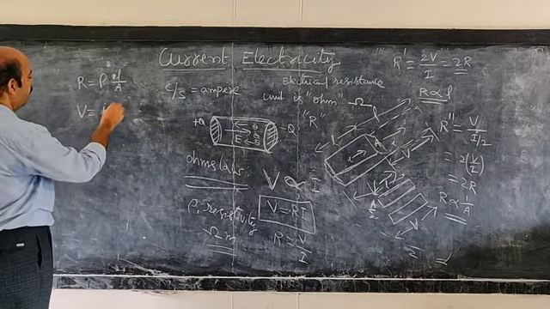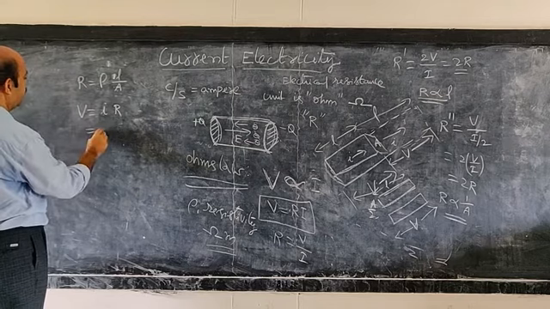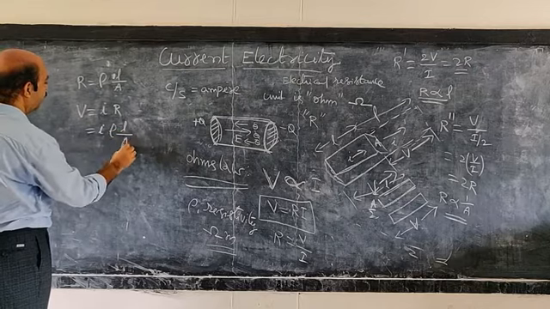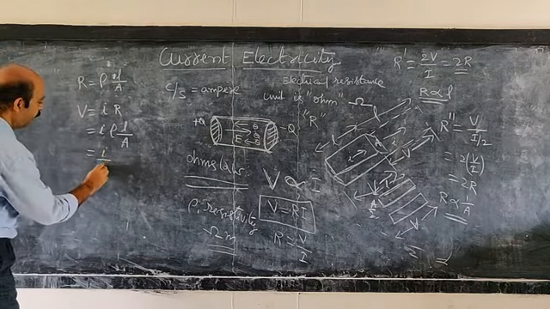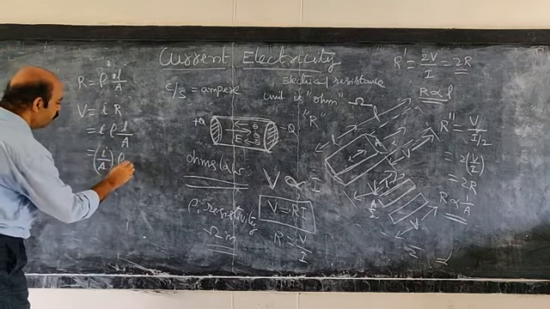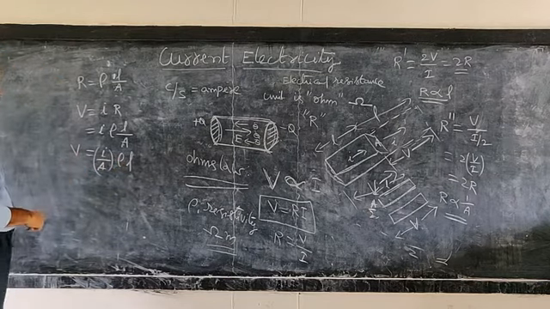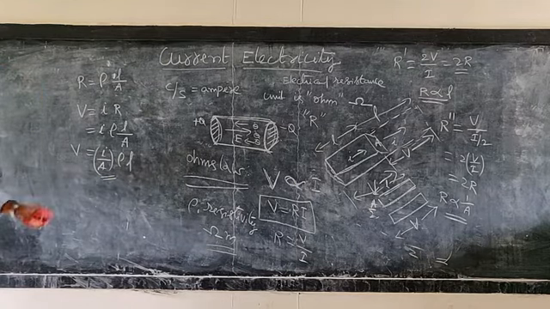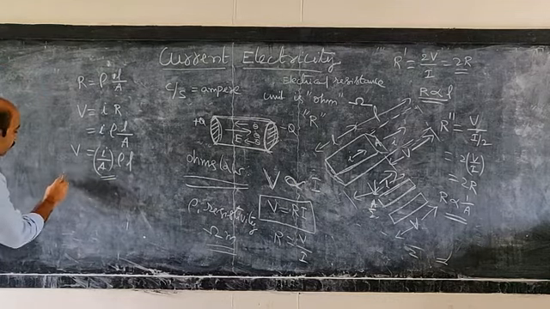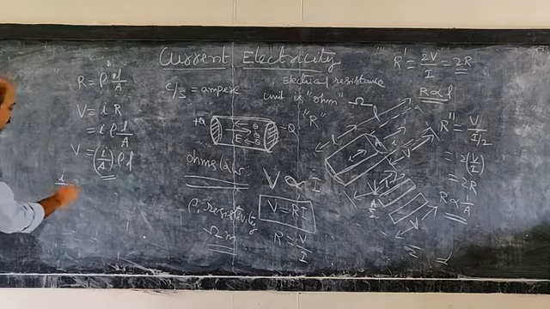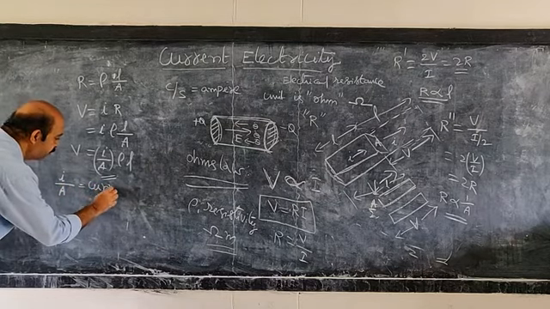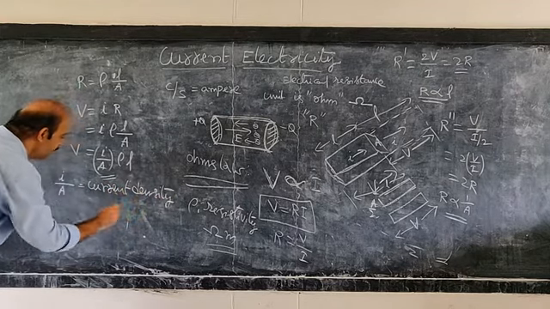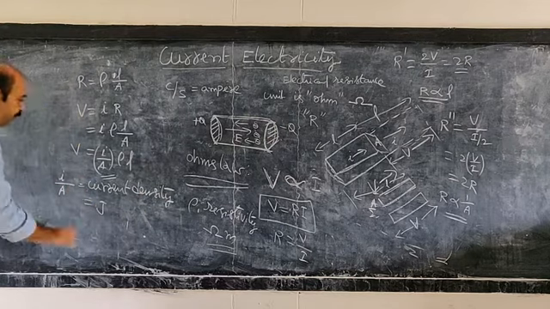V is equal to I into R. So that is I into, in the place of R, I will write rho L by A. Here I by A, I will take it out separately, rho L. And this quantity, the current per unit area, is called current density, which is represented by a letter J.